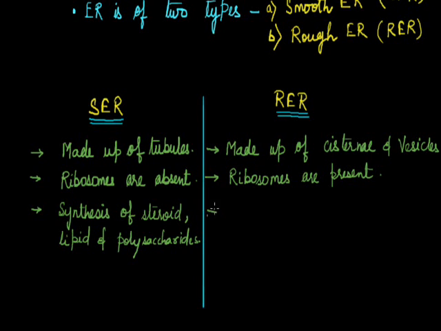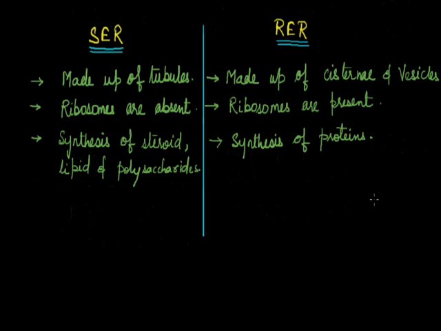In case of RER, that is rough endoplasmic reticulum, its main function is synthesis of proteins. SER plays one more function, that is detoxification of the antigens, whether they are endogenous or exogenous.